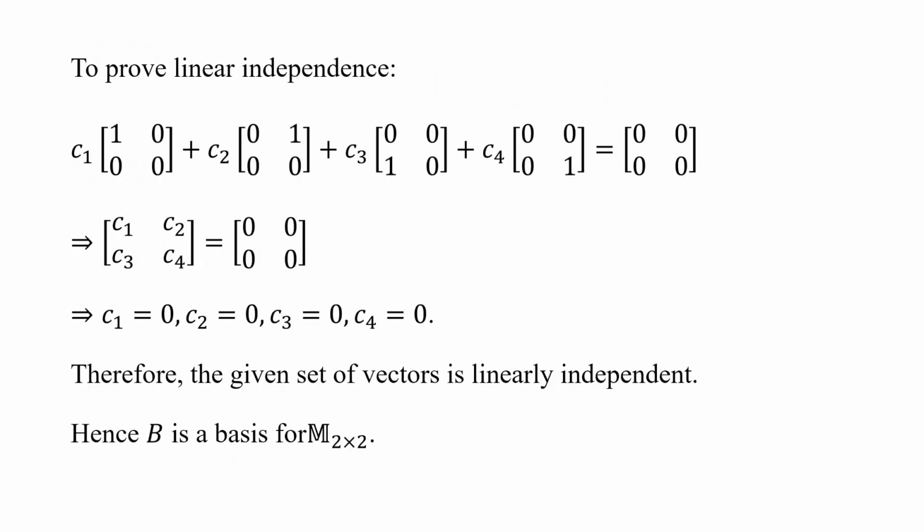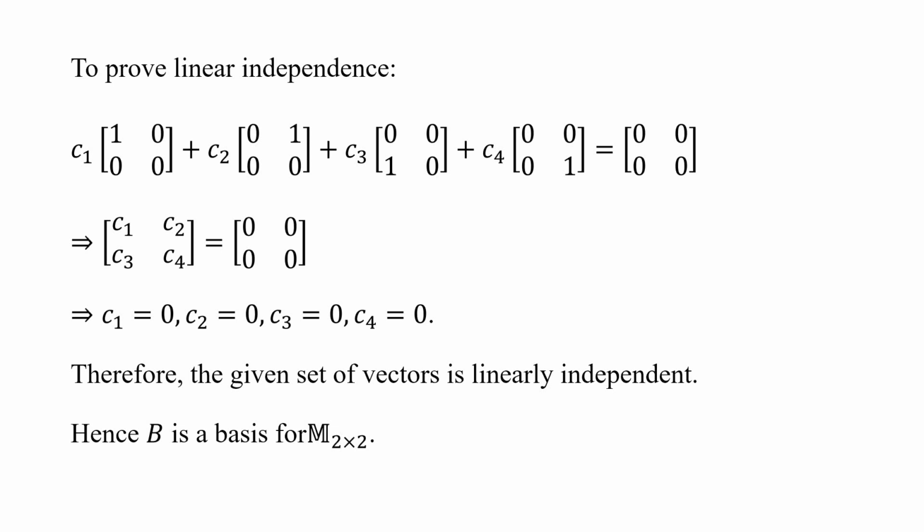The next question is whether the given set is linearly independent. On solving the equation c1 v1 + c2 v2 + c3 v3 + c4 v4 = 0, we find that the only solution for this system is c1 = c2 = c3 = c4 = 0. Therefore the given set of vectors is linearly independent also.